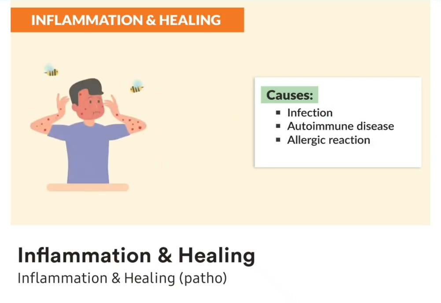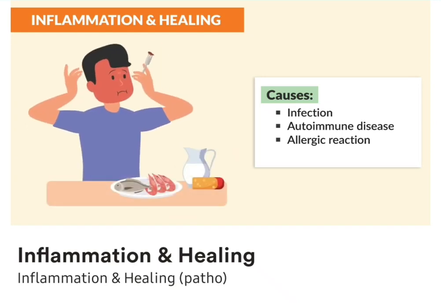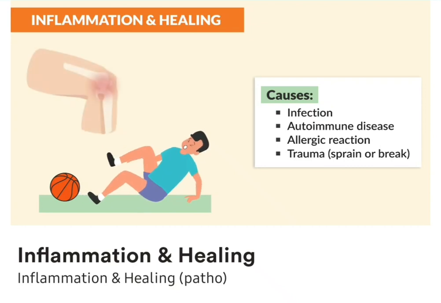For example, getting stung by a bee and blowing up and getting all puffed up with inflammation. Or eating something you're allergic to and the face inflates. And lastly, another major cause is trauma, like a sprain or a break, like twisting a knee or an ankle during a basketball game. Whatever the cause, the body typically reacts very similarly.